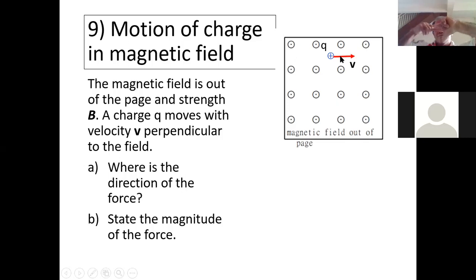Your field is coming out. That one there is the direction of the positive charge. And that's the direction of the force. So where's the direction of the force?